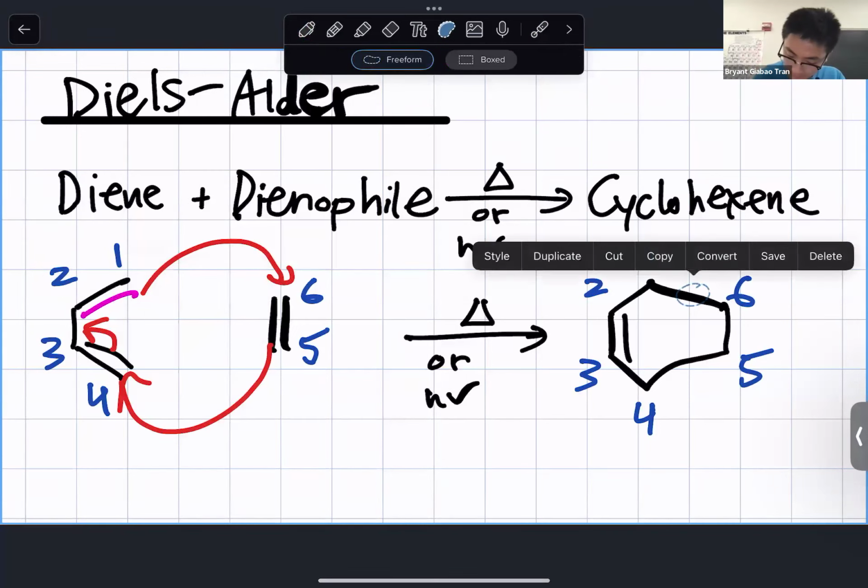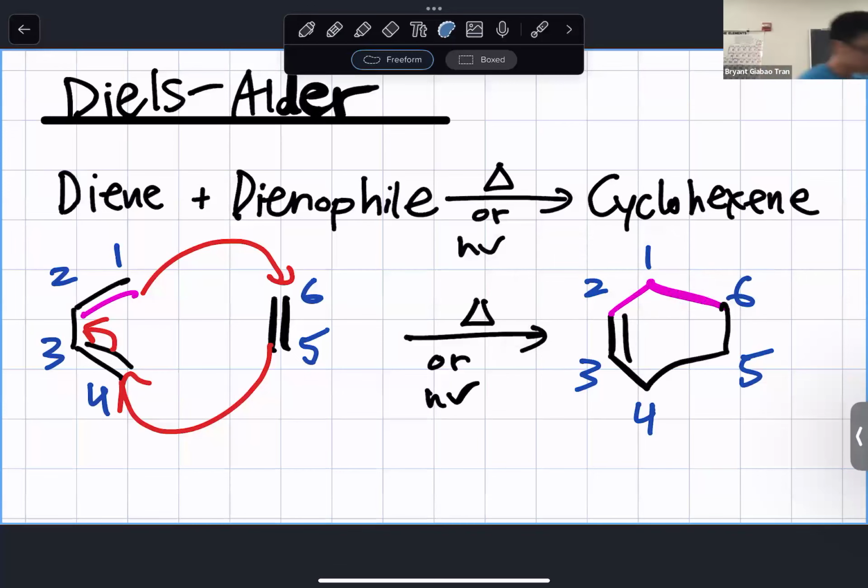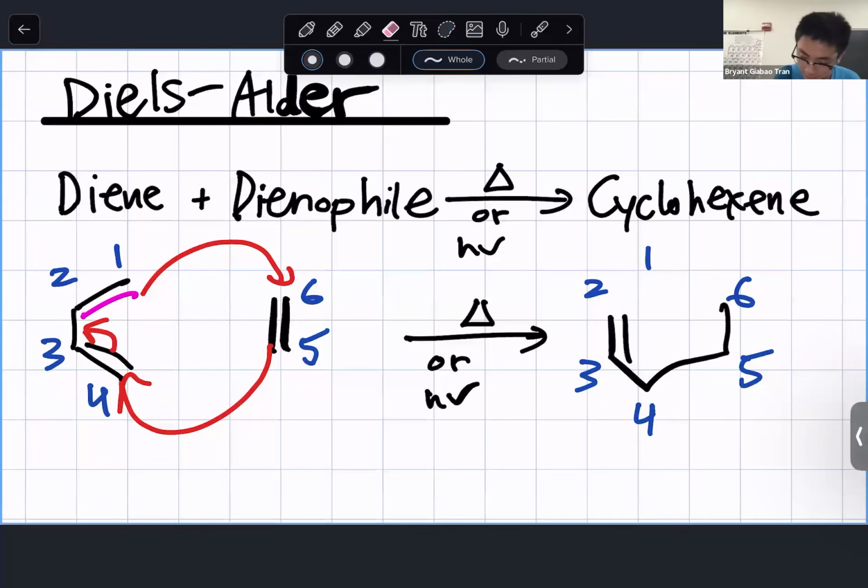I moved that pink bond to make a bond between 1 and 6. Before, there was no bond between 1 and 6, but now there is. There used to be a double bond between 1 and 2, but now there's no more double bond between 1 and 2 because we moved that bond to make the bond between 1 and 6.